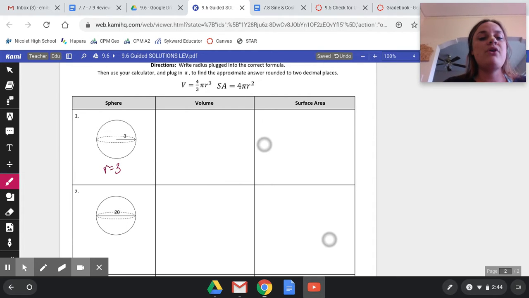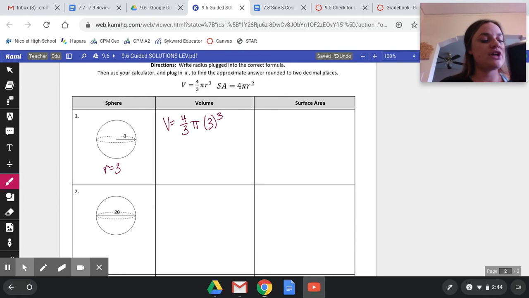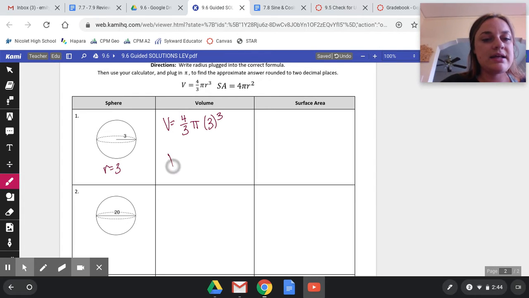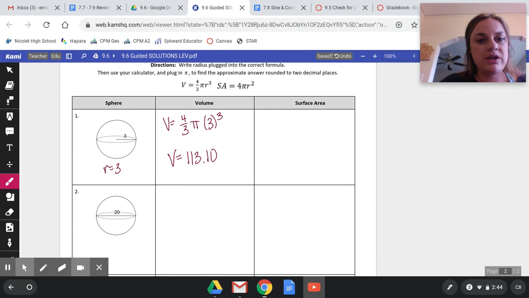To find the volume, I am going to say 4/3 pi times my radius, which is 3 cubed. I enter this into my calculator, 4/3 times pi times 3 to the third power, and I get that my volume is equal to 113.10, and this will be cubic units.